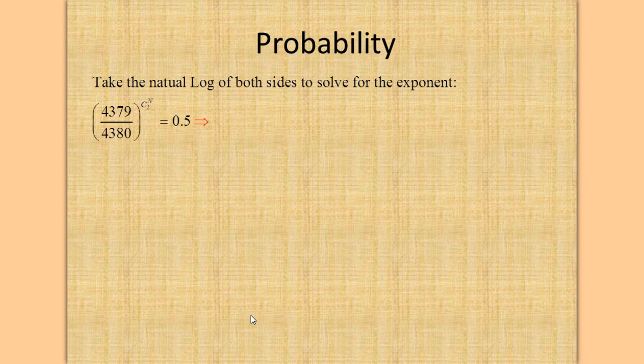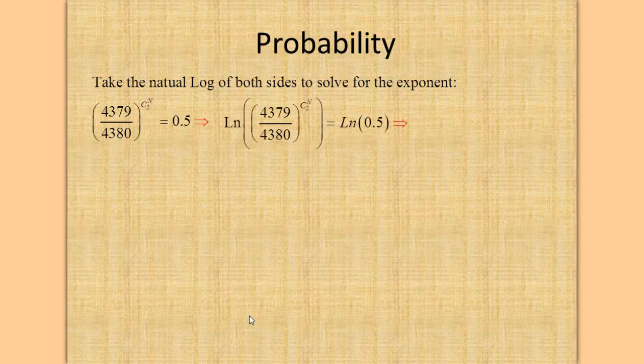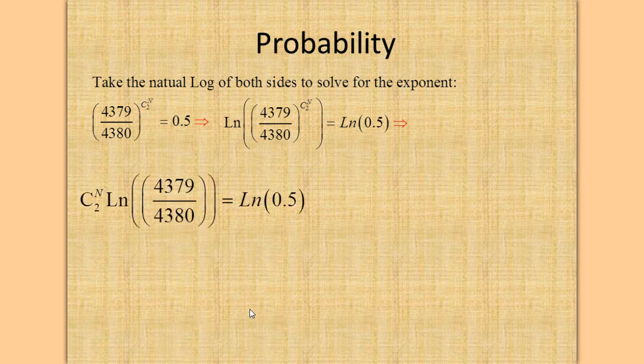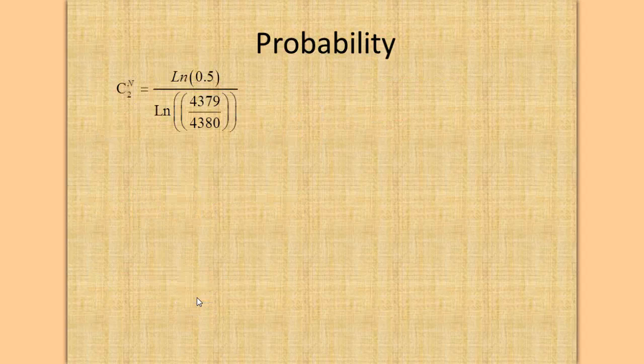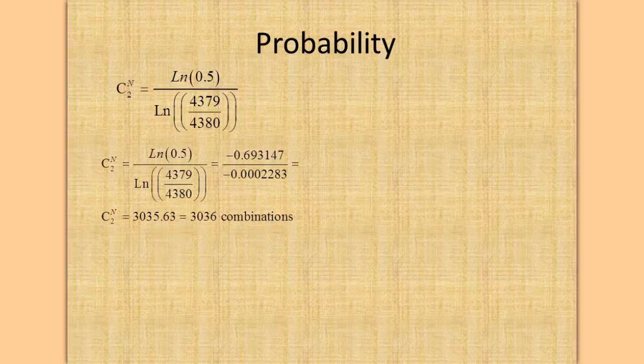Okay, we take the natural log of both sides as before, and we come up with the same equation again, but now we're dividing by a different quantity, okay? So we have our combination n choose 2 is equal to the log of 0.5 divided by the log of the quantity 4379 divided by 4380, okay?